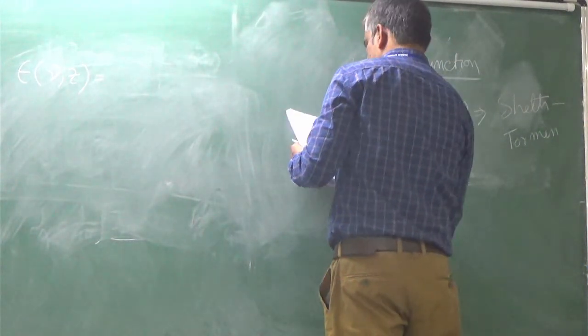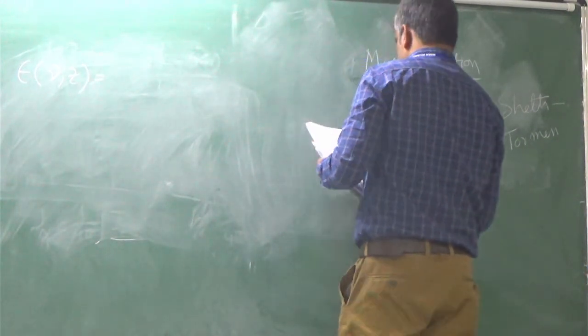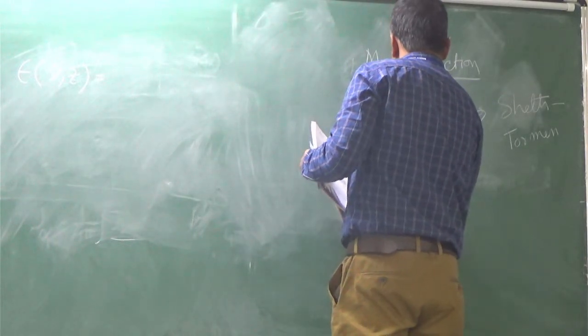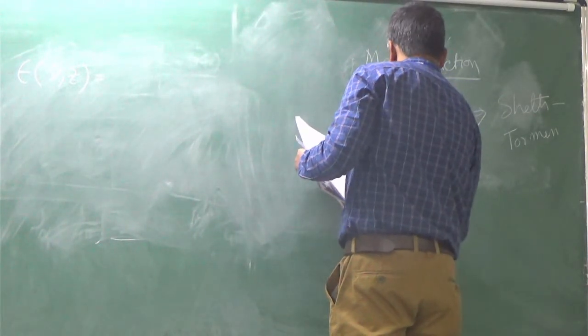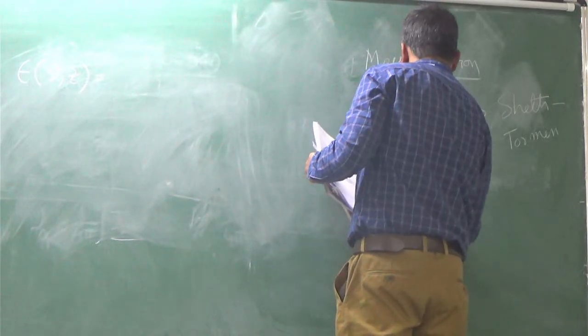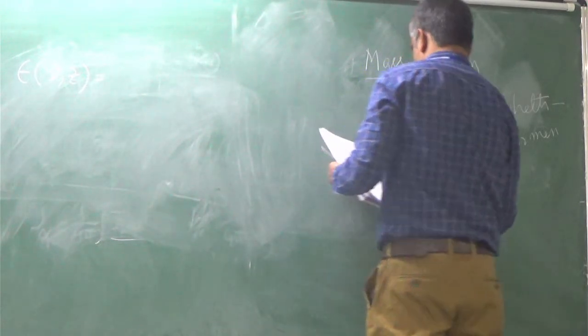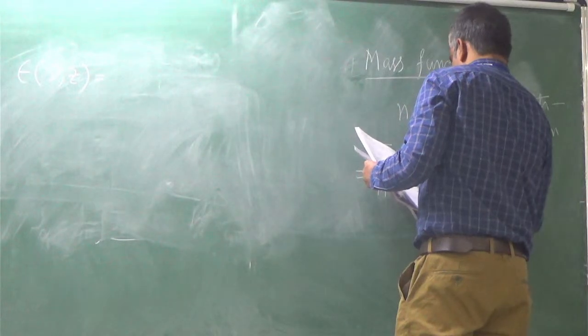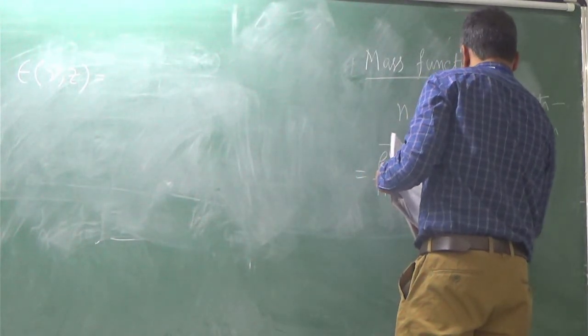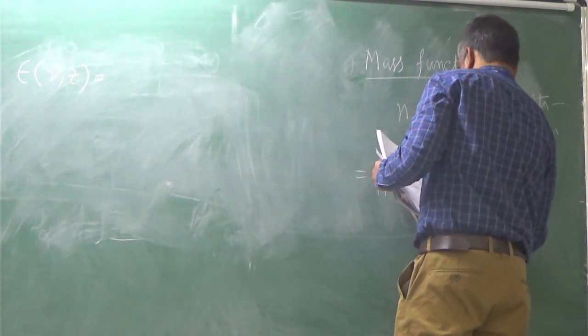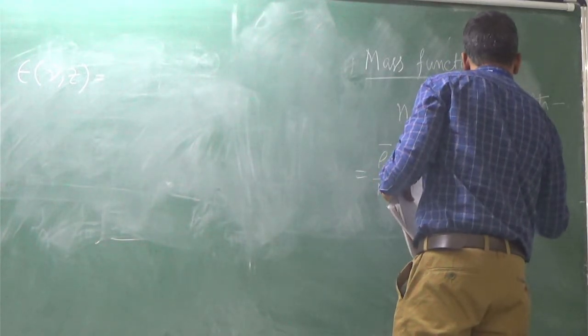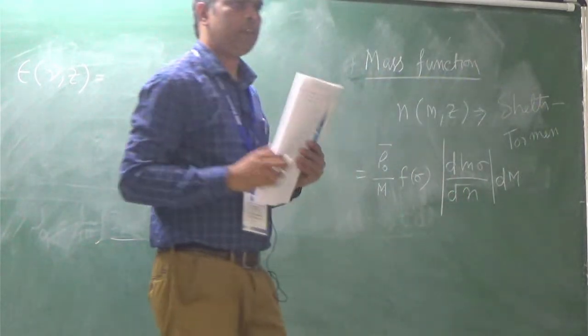You can actually calculate it. That can be, so rho 0 bar m f sigma. So that is, you can calculate.